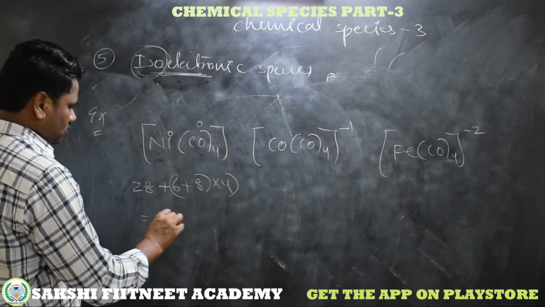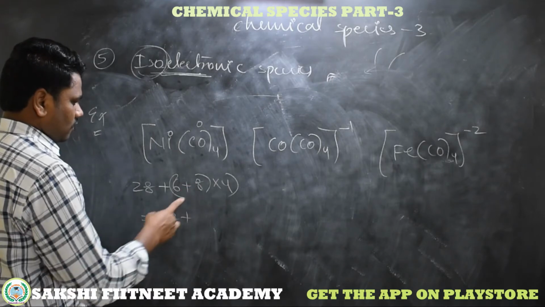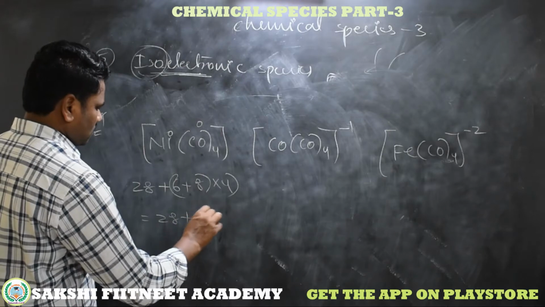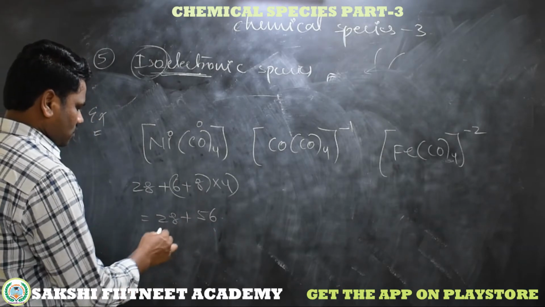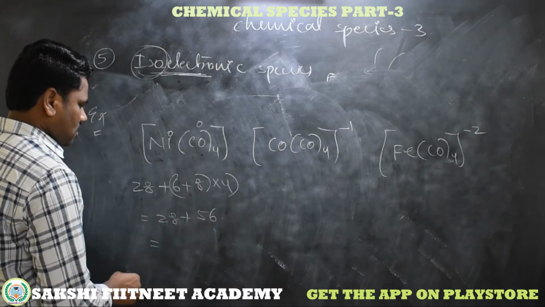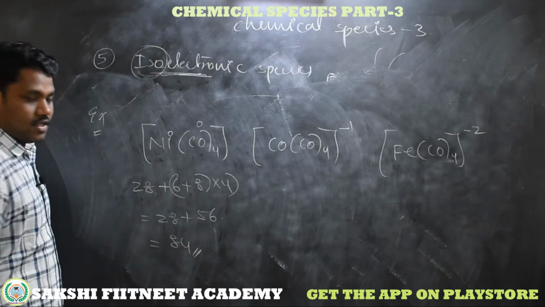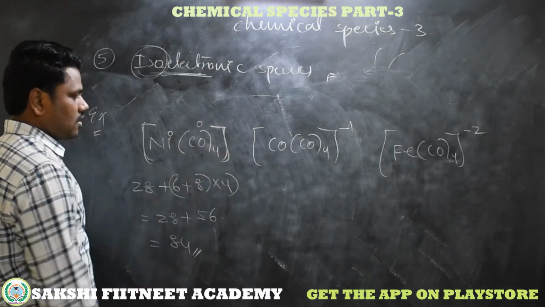So 28 plus 6 plus 8 is 14, into 4 is 56. So 28 plus 56 is 84. These are the total electrons in this coordination compound.